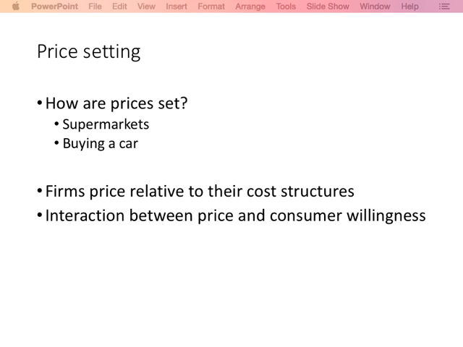But with buying a car, you negotiate. So prices are determined by negotiation there. But even then, they may apply different pricing strategies. They may learn markets, but they will always price relative to their cost structures. Depending on their cost, they add margins and they usually try to preserve the margins. So firms price relative to their costs.